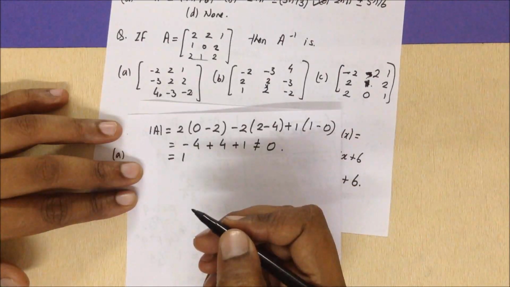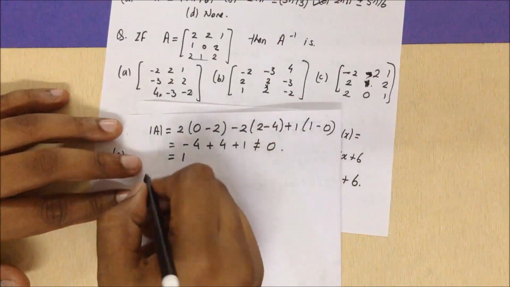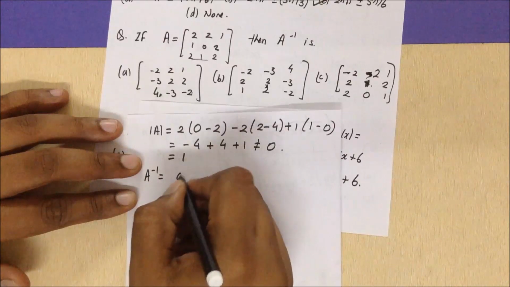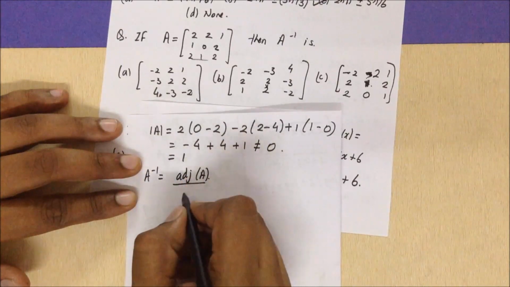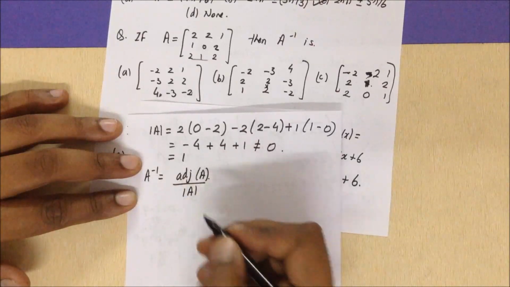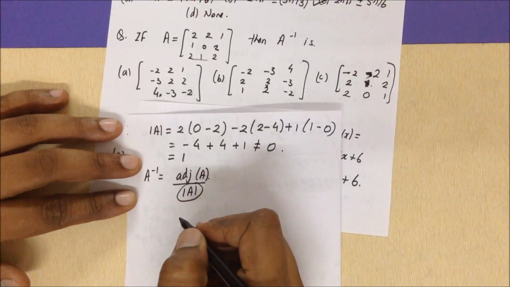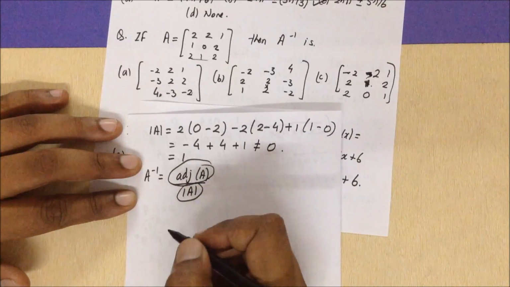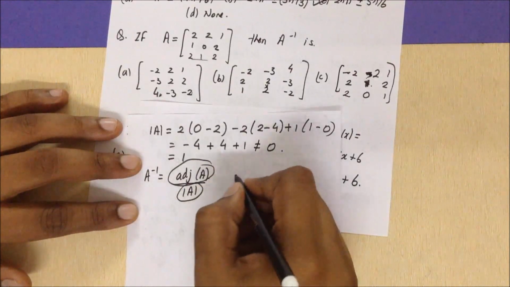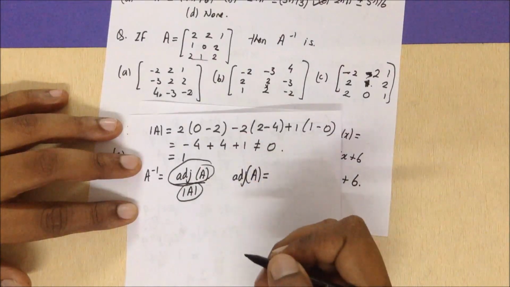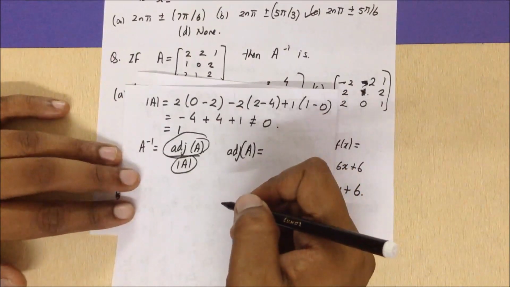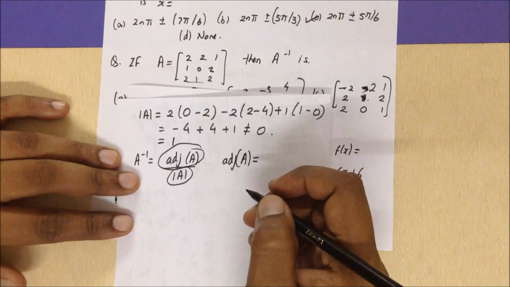So now what you can see is your determinant is equal to 1 and my A inverse is nothing but adjoint of A divided by the determinant of A. So determinant anyway in this case it's 1, you have to just find the adjoint of it. So finding the adjoint of A. So my adjoint of A is nothing but the transpose of the cofactor matrix.